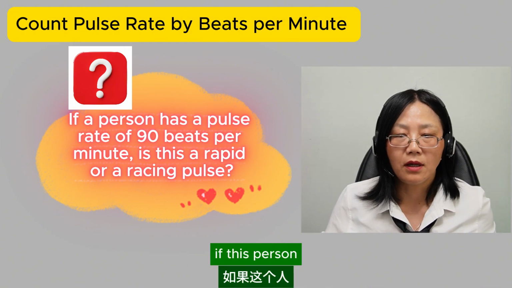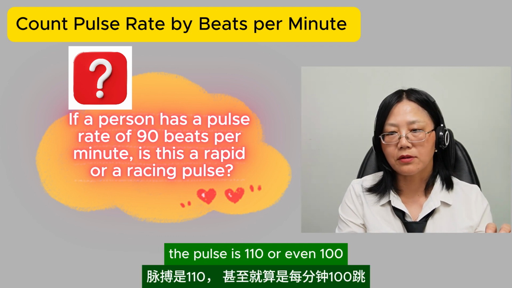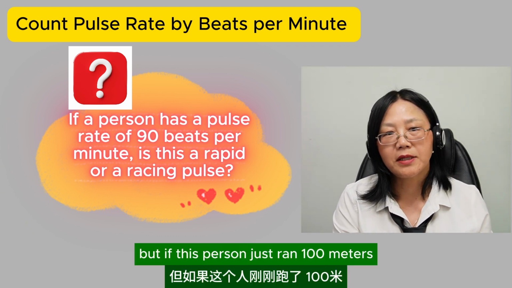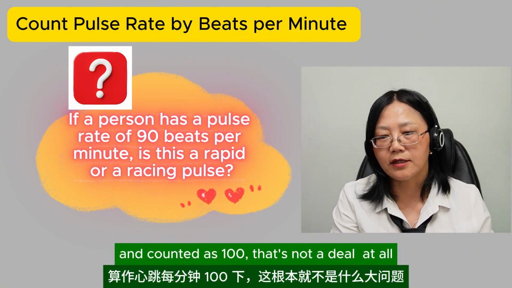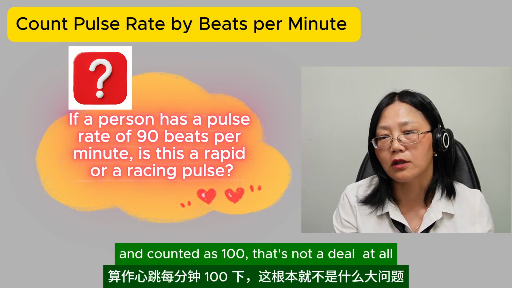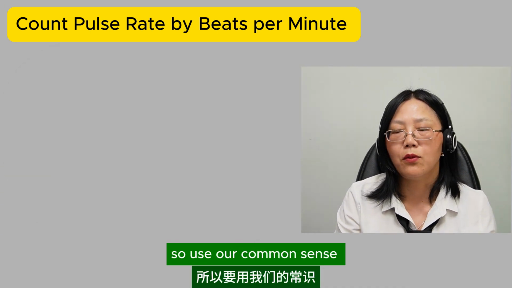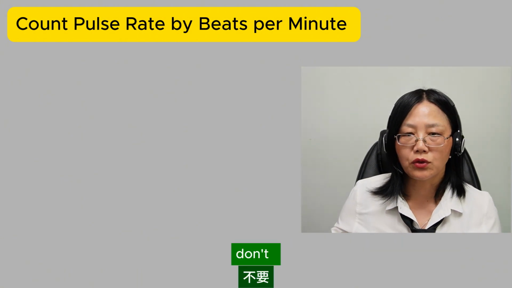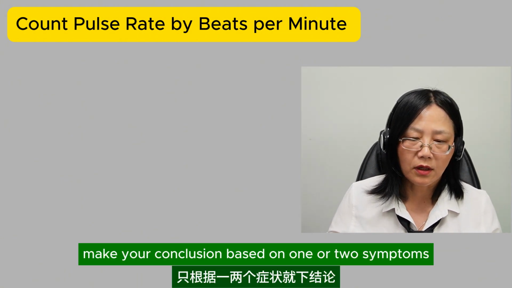If this person does nothing at all, sitting at home, and the pulse is 110, you will suspect what's going on. But if this person just ran 100 meters and the count is 100, that's not a deal at all. So use our common sense. TCM requires a lot of common sense to make your judgment. Don't make your conclusion based on 1 or 2 symptoms.